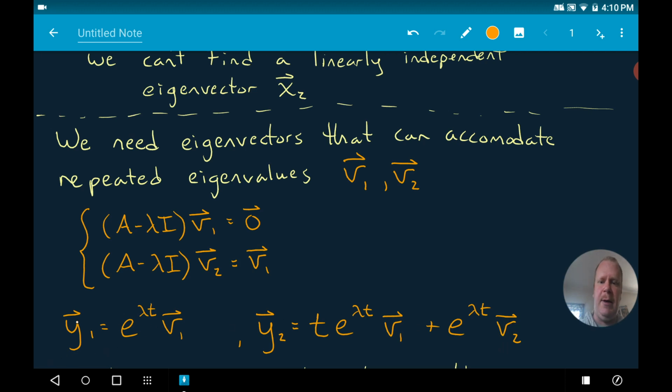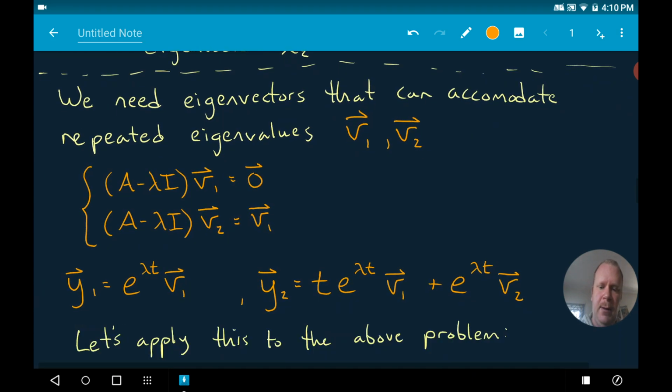So this stuff that I've written in the orange here, this would be good to write down on a flashcard, just to say this is generally what you do if you have repeated eigenvalues. Okay, so let's try to use the system on that previous question that we looked at.